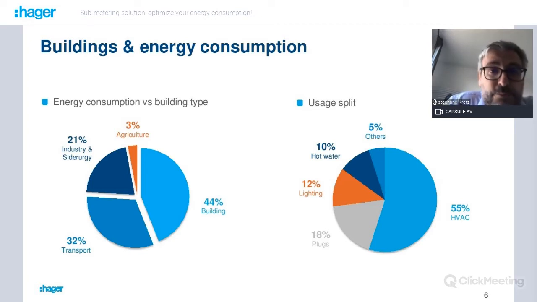Then you have the plugs for different machines. Lighting is 12%, hot water 10%, and the rest 5%. This split between usages is interesting because it's important to know what I need to measure in order to understand what happens in my building.